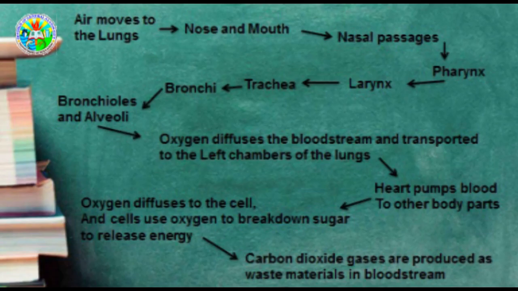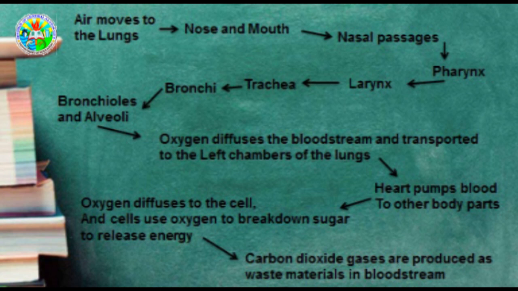Air moves to the lungs through the nose and mouth, nasal passages, pharynx, larynx, trachea, bronchi, bronchioles, and alveoli. Oxygen diffuses into the bloodstream and is transported to the left chambers of the heart. The heart pumps the blood to the other body parts.